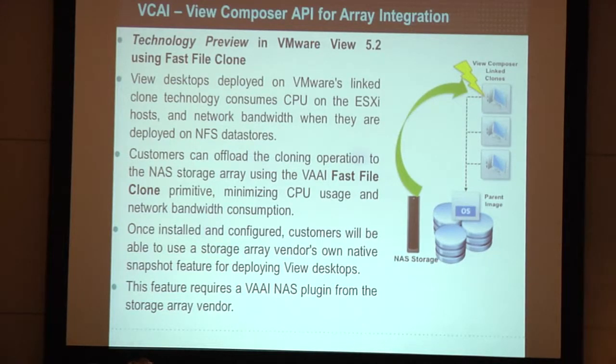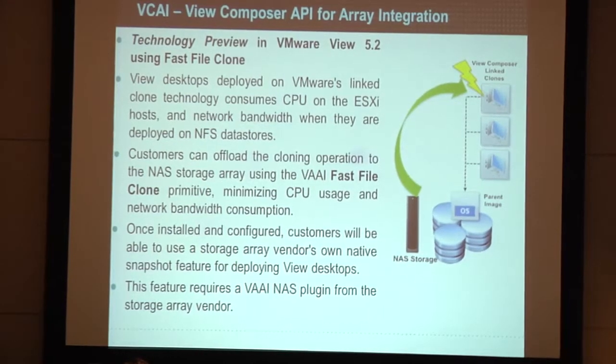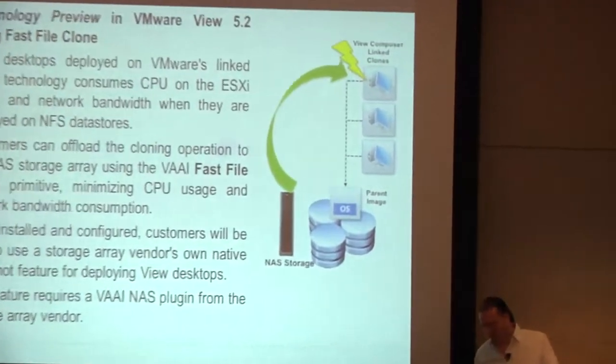Actually, this is another thing that works for vCloud Director as well. So a lot of these updates, you'll notice, are around linked clones. And that's because VMware made a big effort to improve their linked clone technology, mainly because of vCloud Director, I think, to make vCloud Director better. But it has a really good knock-on effect for us in the desktop world because View uses linked clones as well.